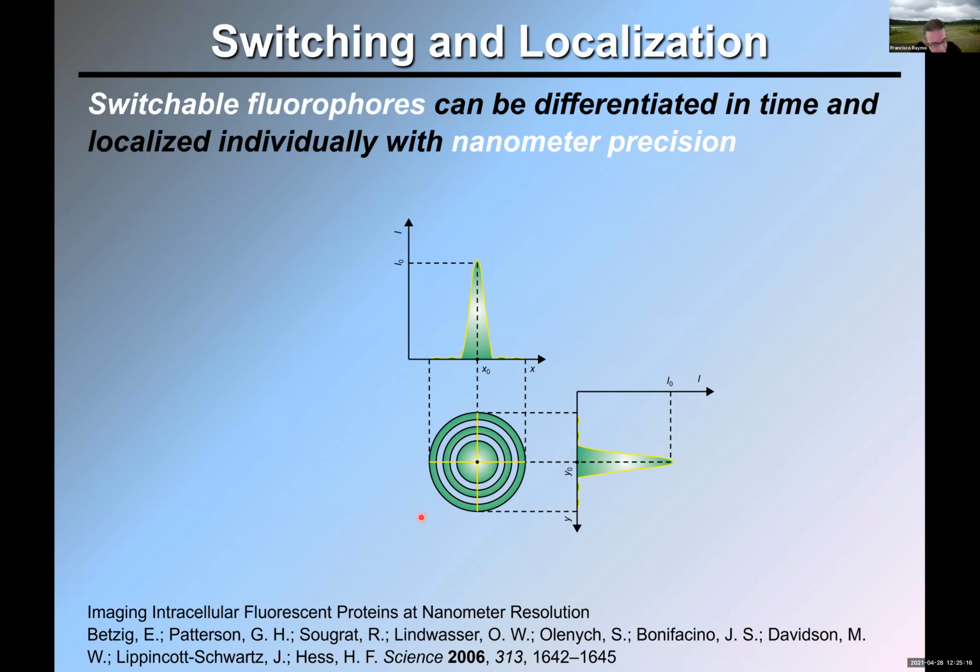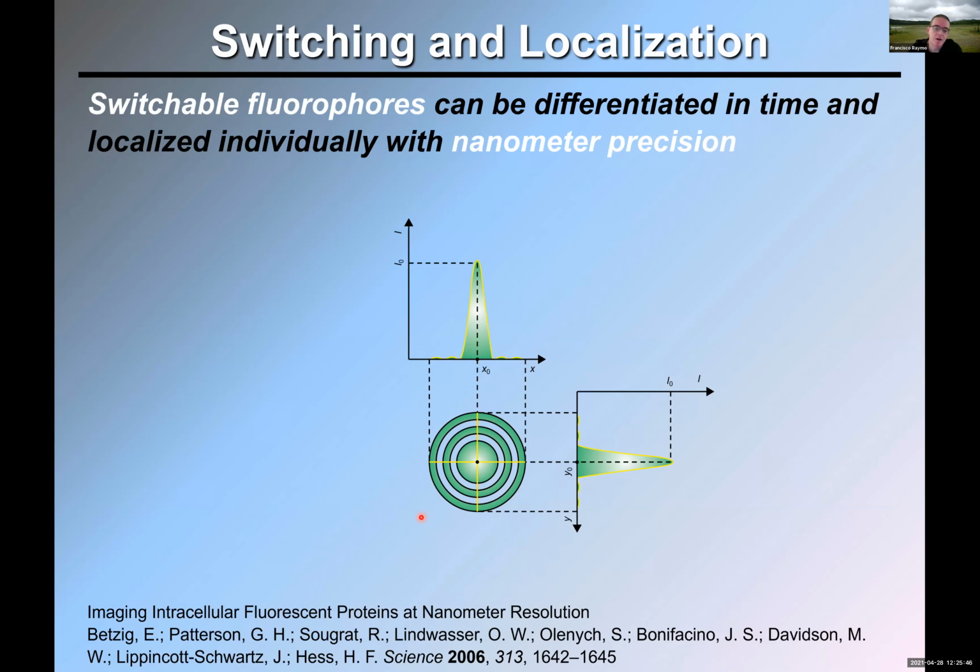Okay. Now the limitation, though, is that you are collecting information over a very long time because you need to map the position of thousands of fluorophores sequentially. Right? In a conventional image, you image all the fluorophores at once. Here you have to do them one by one, essentially. And it takes time to go from one fluorophore to the next, and then to the next, and then to the next.